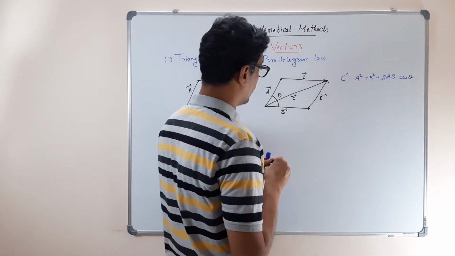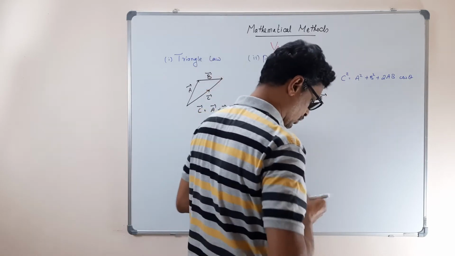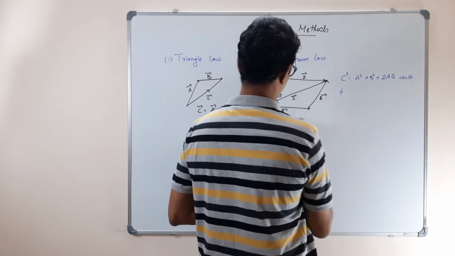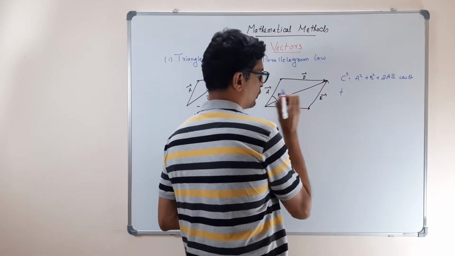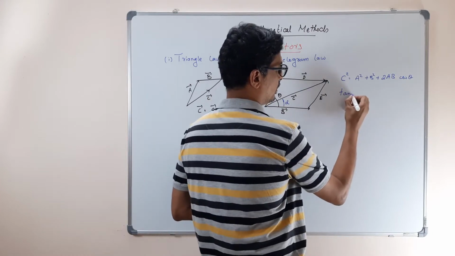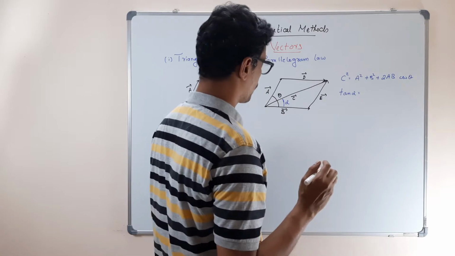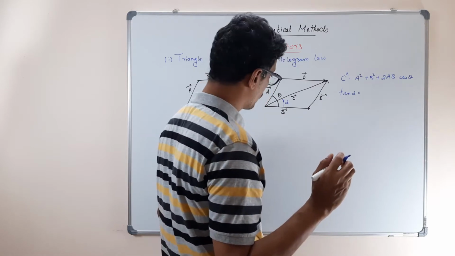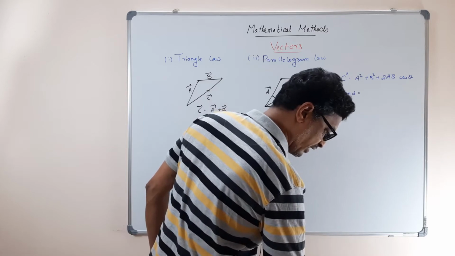And we did the angle also, right? So what was that? We had tan alpha. Suppose the angle between this vector, if I call this alpha, so tan alpha will be equal to, tell me. Here I don't have A, correct?